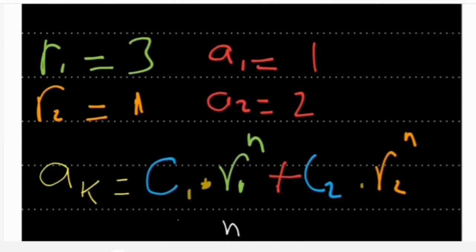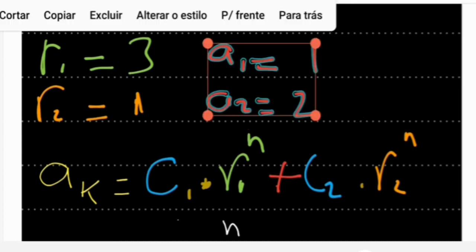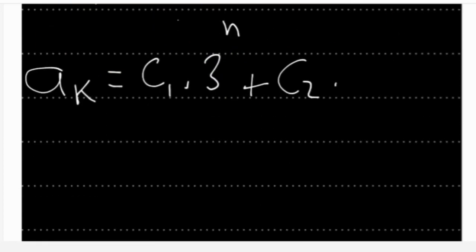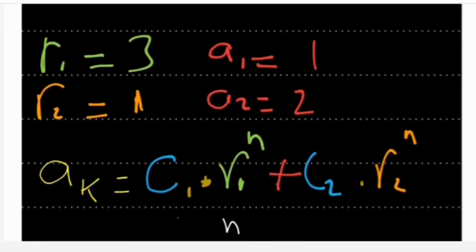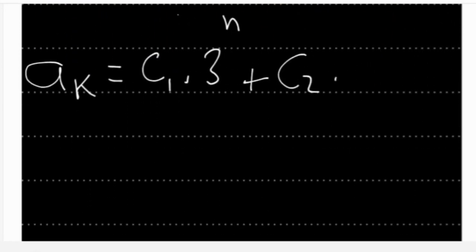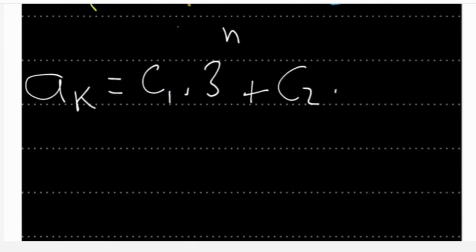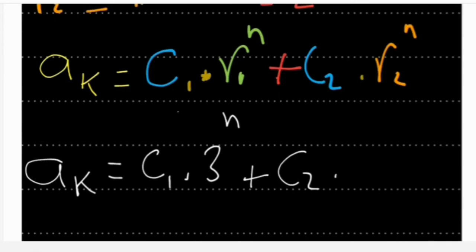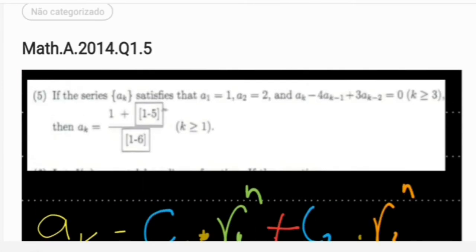Now let's use this information over here. So for AK, when K is 1, so we'll have, actually we can't use 1, right? I think it gives you the same answer with 1.